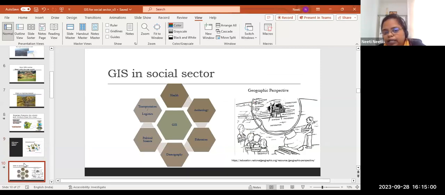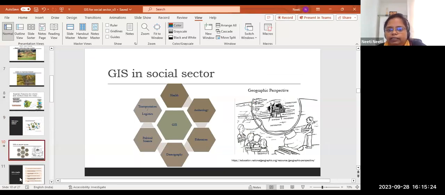It could be related to health, archaeology, education, demography, political science, logistics, and so on. But to use GIS, what we need is a geographic perspective to understand the relationship between the locations and the attributes and the pattern which is arising from there.